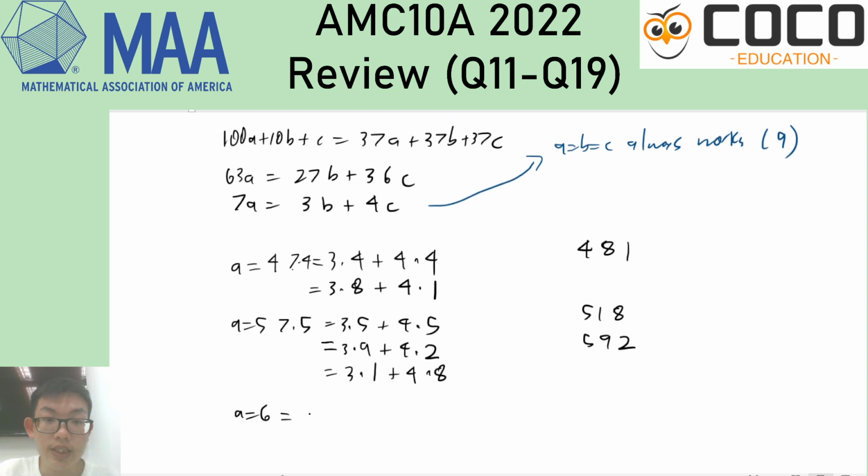If A equals 6, now I can't get 4 more 3s because that gives me a digit which is 10, and 10 is not a digit. So I can only replace away the 4 3s with 3 4s, and this gives me another combination.